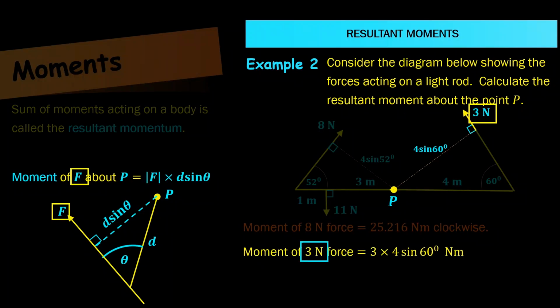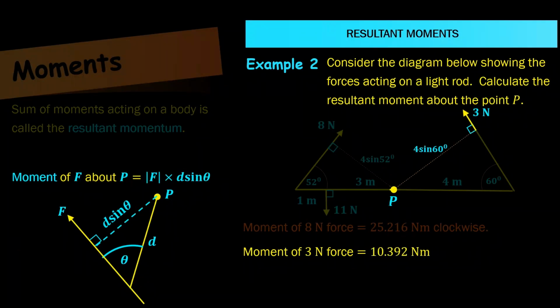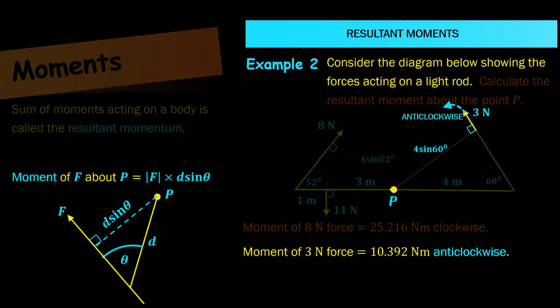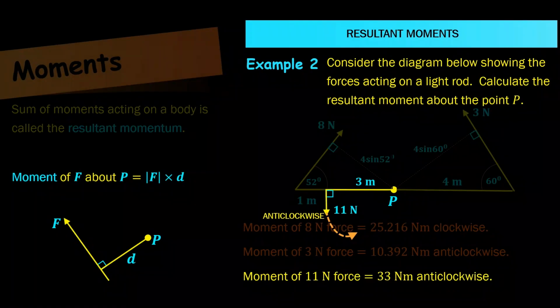The moment of the 3 Newton force about the point P equals 3 times 4 sine 60 degrees, which equals 10.392 Newton meters anti-clockwise. And finally, the moment of the 11 Newton force about the point P equals 11 times 3, which equals 33 Newton meters anti-clockwise.